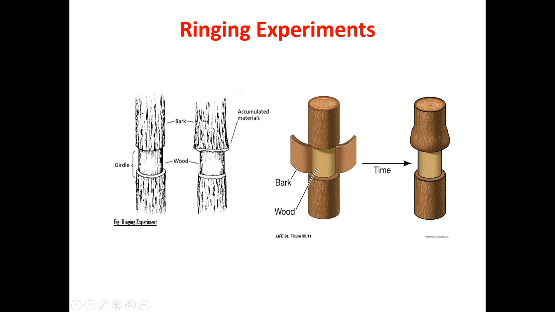And we saw what ringing experiments are. In ringing experiments, we remove the bark as well as a part of vascular tissue containing phloem, which stops the flow of organic solutes, and we can clearly see a bulging above the ring or girdle here, which clearly indicates that the flow of these organic solutes is through phloem.